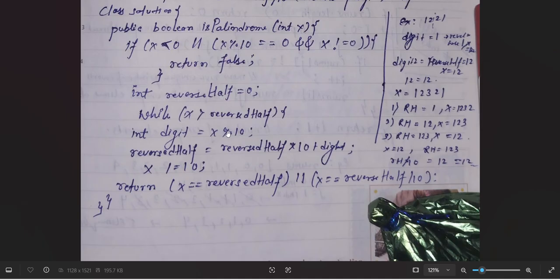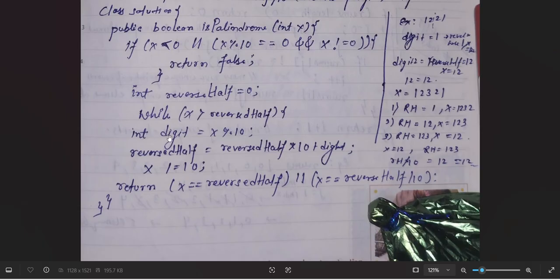For checking whether the variable is a palindrome or not, we follow the next steps. We initialize one variable, reverse half, equal to 0. We check through a while condition: if x is greater than reverse half, we apply some conditions.